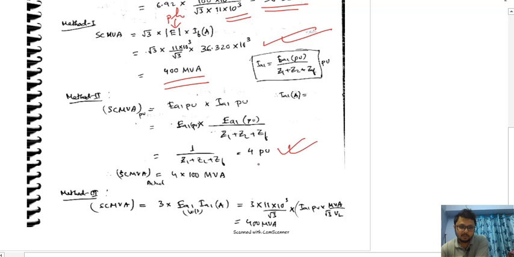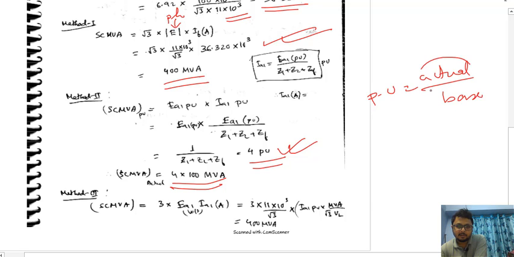If you calculate you will get 4 per unit, but actually we want it in MVA. So this per unit value into the base value. PU equals actual by base, so I need actual, which is PU into base, 100. 4 into 100, how much? 400 MVA. Same as this.